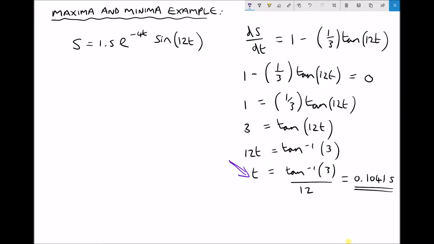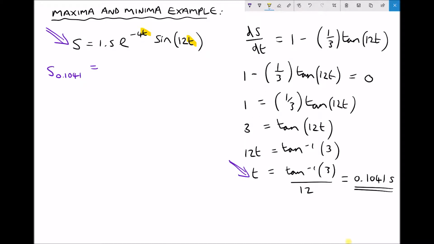So what we can determine is the displacement at that turning point, or the maximum displacement of that function. And the way that we do that is just by inputting our value of t. So we have the displacement s, and I'm just going to put a subscript 0.1041 equals, and all I do here is input the 0.1041 as t here and as t here.